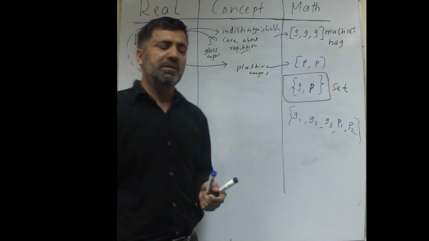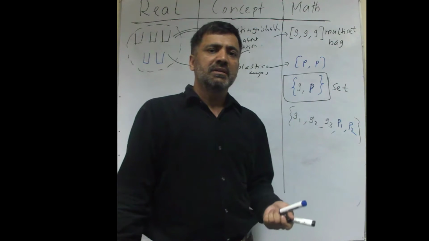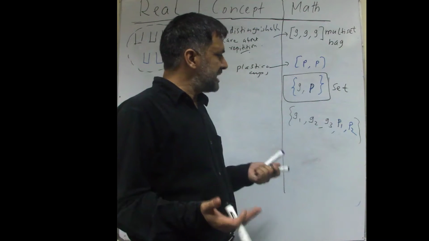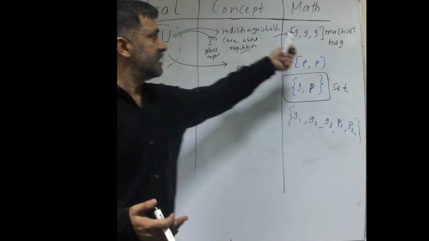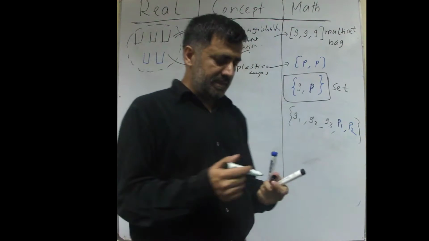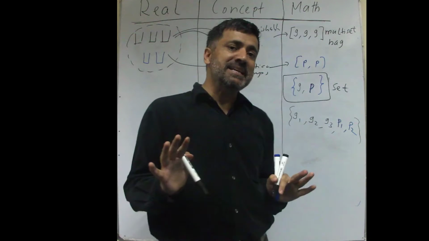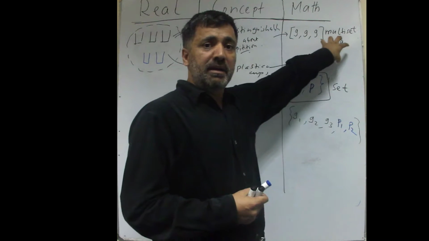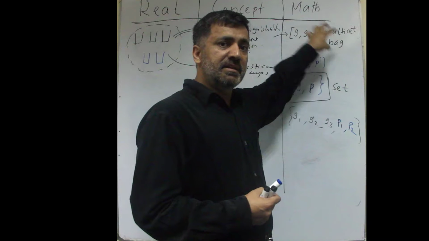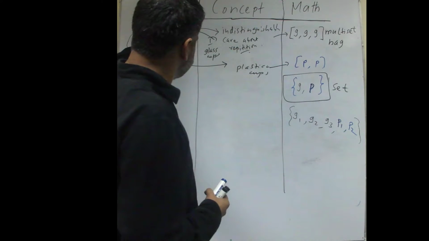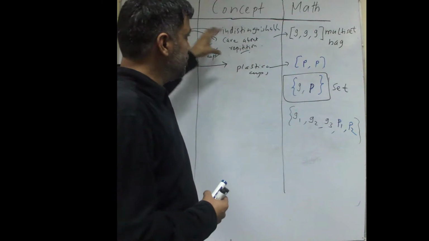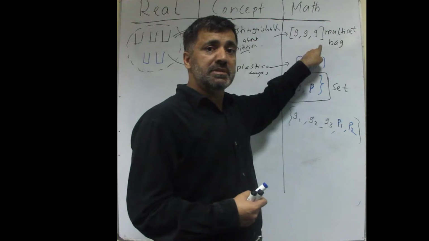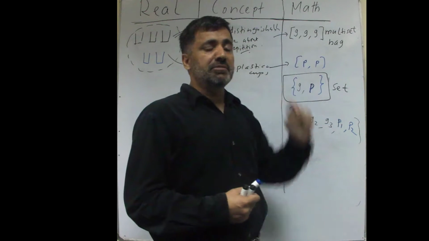You can do whatever you want. But I don't think this is useful. I mean, the best mathematical object to deal with these situations is the idea of a multi-set. So we will use multi-sets as mathematical objects representing collections of objects in the physical world, because we do care about their counts even if we don't want to distinguish between them.